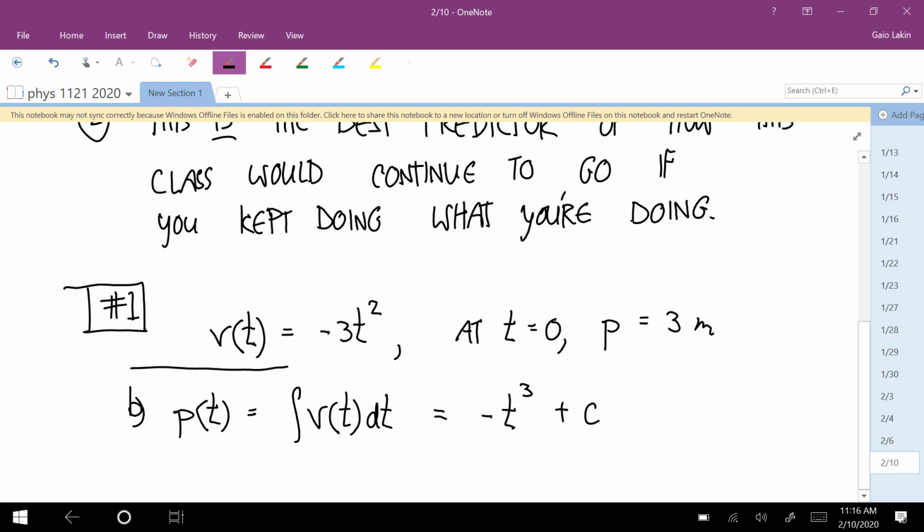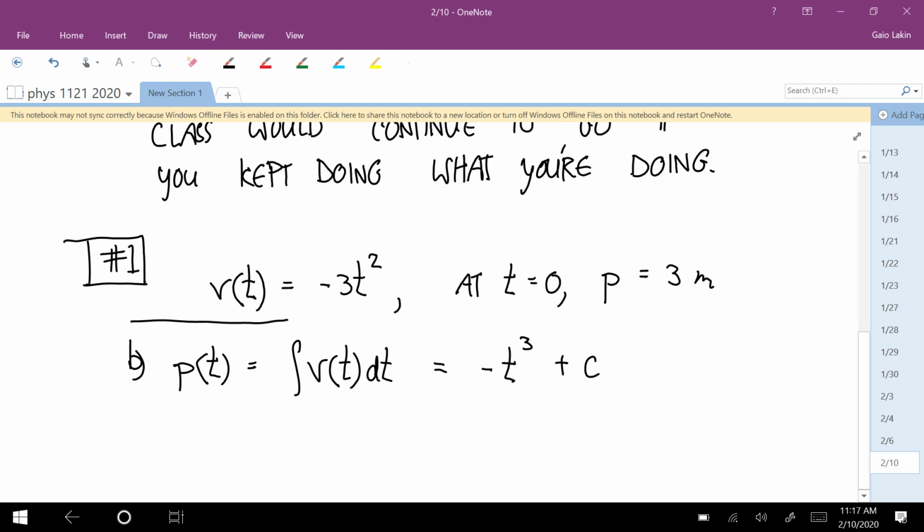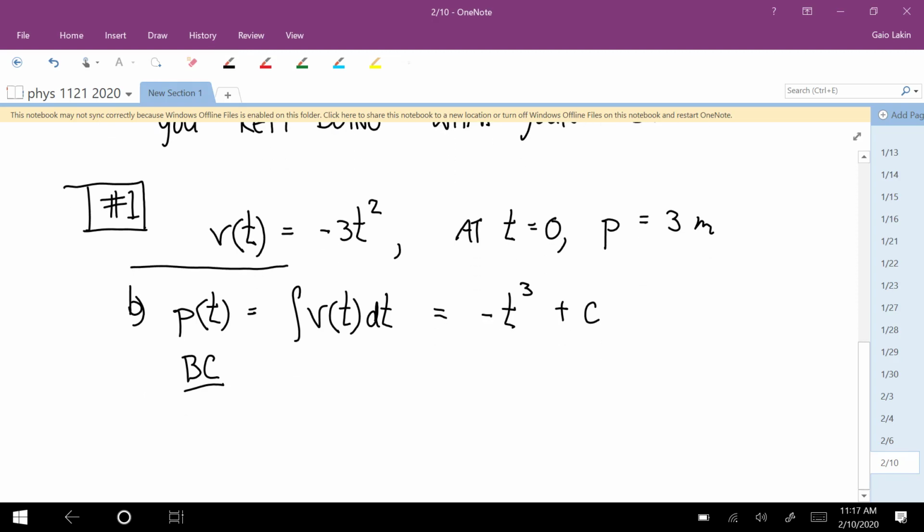And what I saw a lot of the time was people either didn't include that constant of integration, or they didn't solve for the constant of integration. They just left it like that. Once you have this, you can use the boundary condition. It says that 3 is equal to negative 0 cubed plus c.